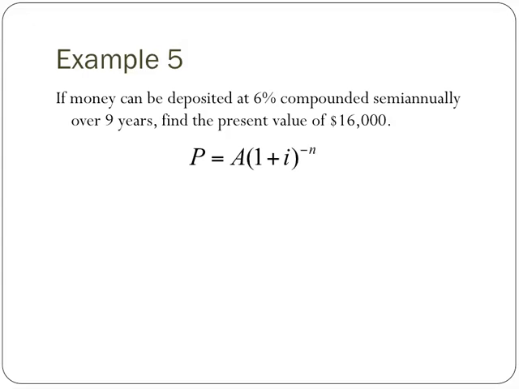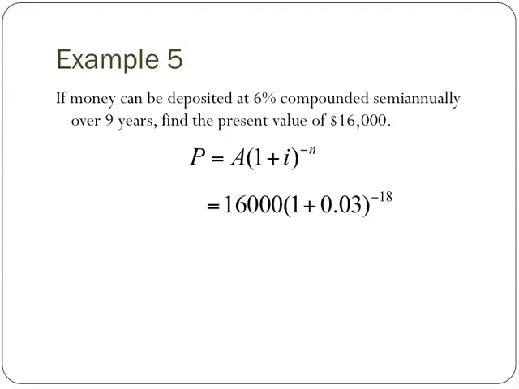So A is equal to 16,000. The interest rate, remember, is going to be the rate given divided by the number of compounding periods per year. In this case, the rate is 6%, but it's compounded semi-annually, so you're going to have to divide that by 2.